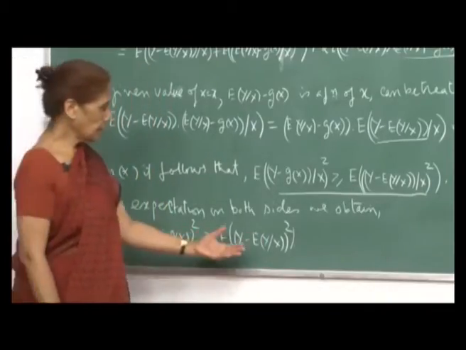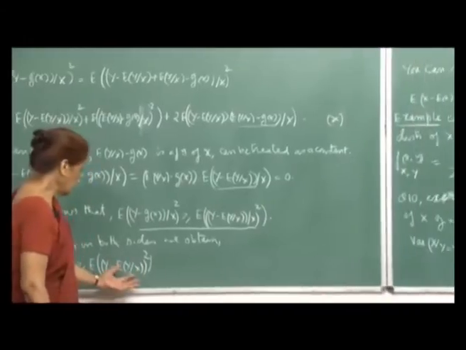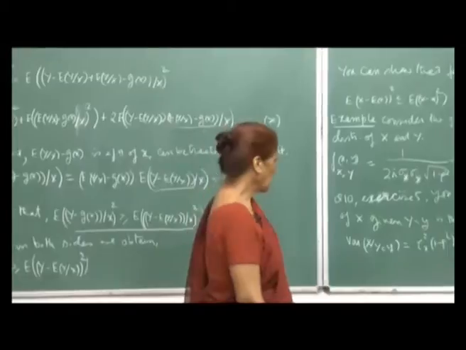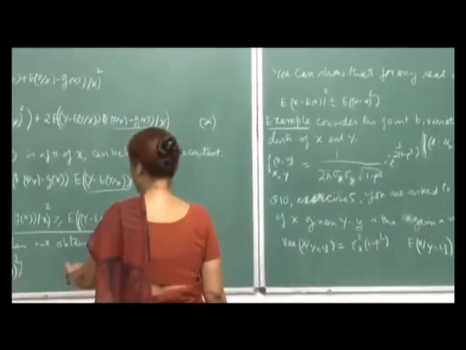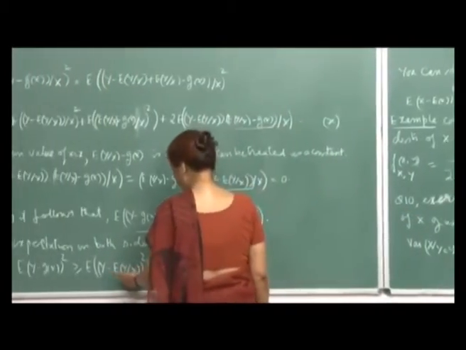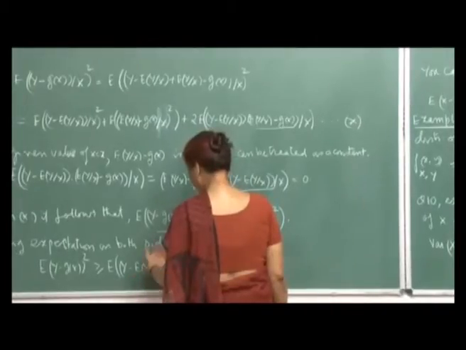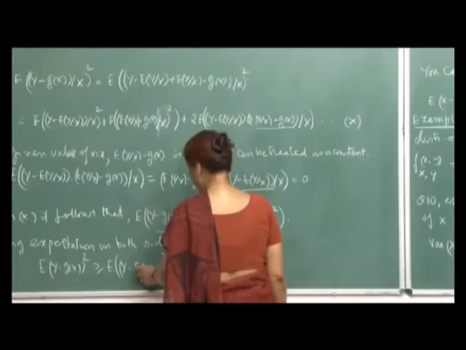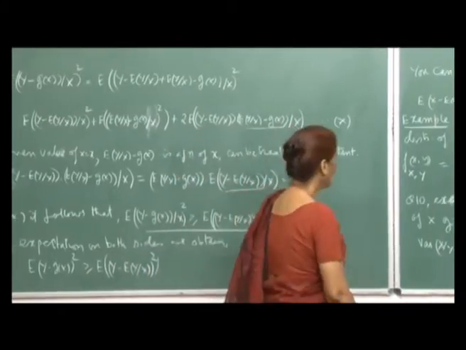In this way we are showing that this can be looked upon as a very good approximation for the value of y. For all possible values of x we will compute this, and this will give us the different values of y.